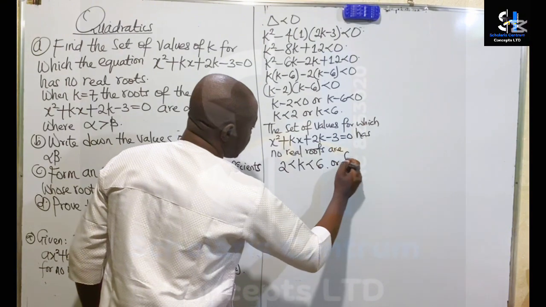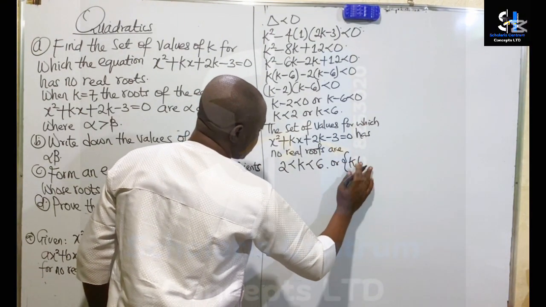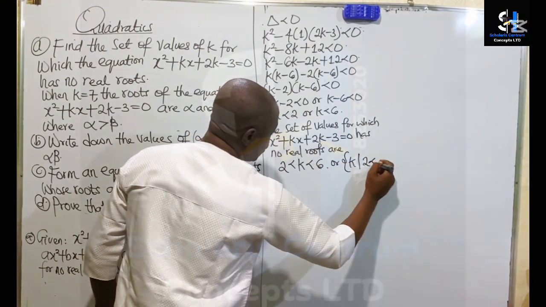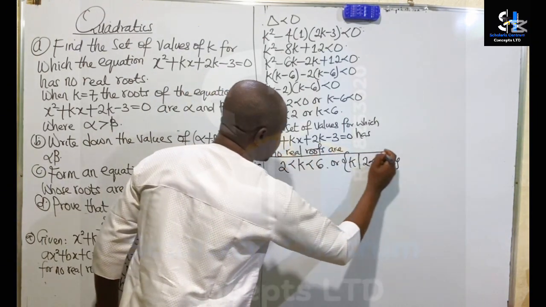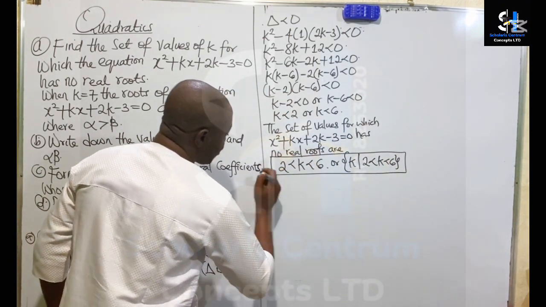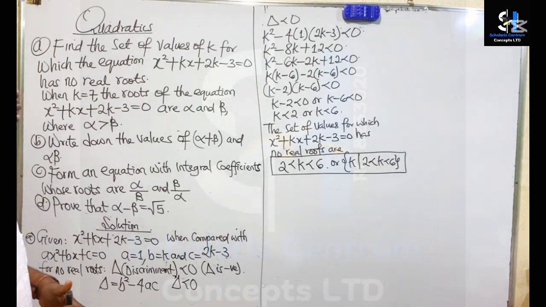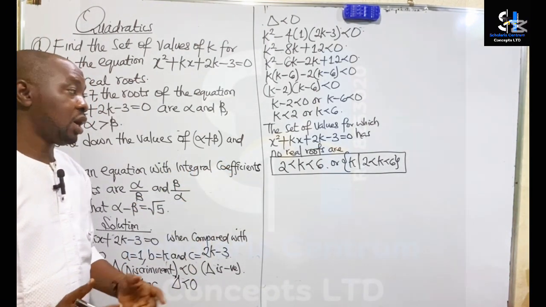Or we can also write it this way: k is such that 2 is less than k less than 6. So this is the answer, the set of values for which the quadratic equation has no real roots.